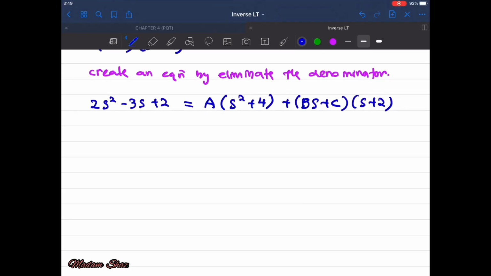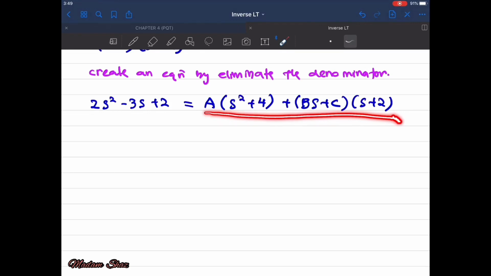For the previous example, we found the constants A and B by letting any suitable value of s in the bracket, so that one will become 0. But for this example, the easiest way is by expanding everything on the right hand side and then comparing the coefficients.